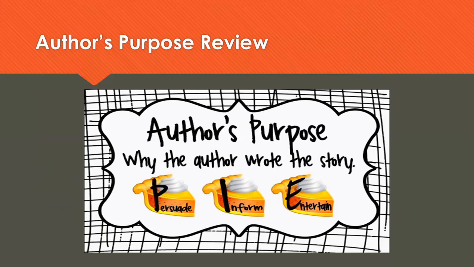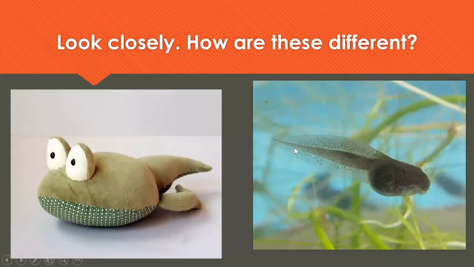Now let's get our thinking brain warmed up to learn how to look for picture clues. Look closely. How are these two pictures different? The one on the left is a stuffed toy tadpole. I can see it has a leg, a tail, two big eyes, and a stuffed round body.